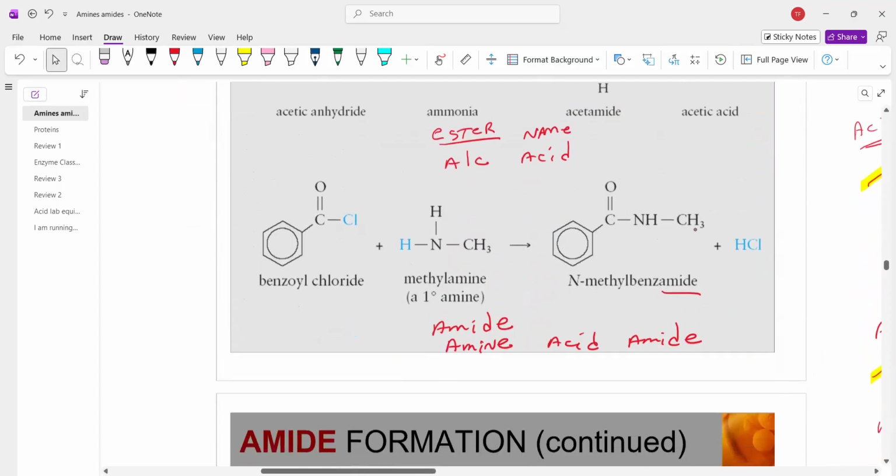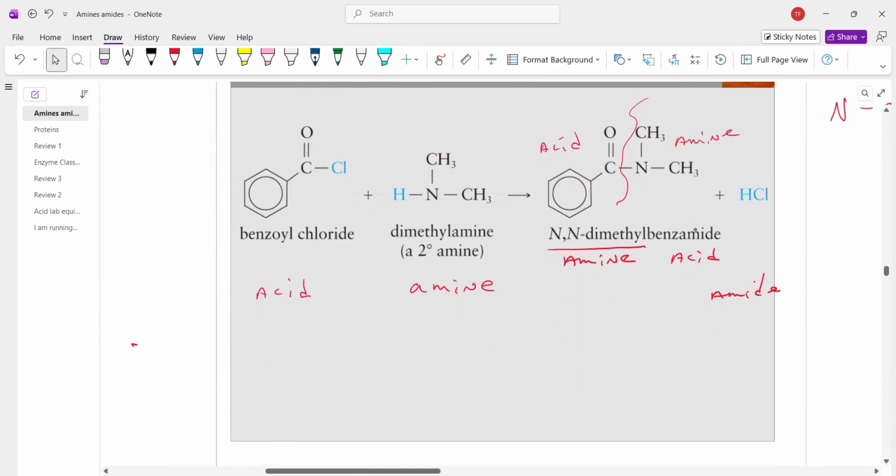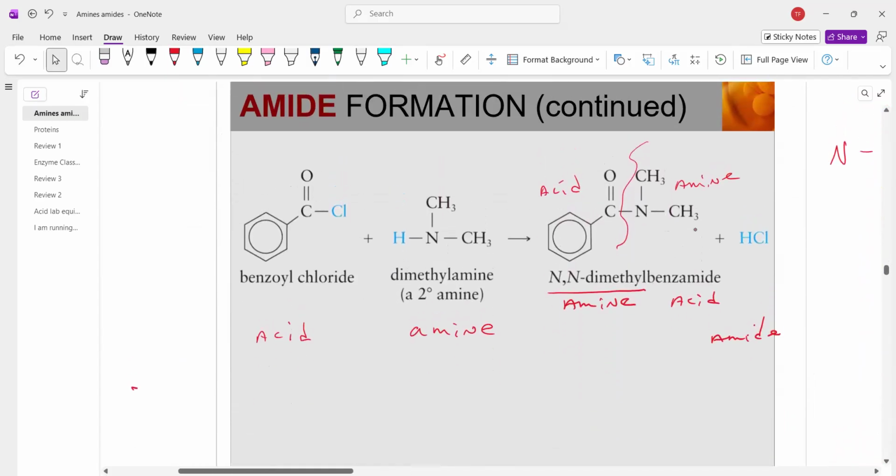These are just examples, and that includes aromatic amines and aromatic acids. Like this is the acid chloride for benzoic acid on the left here.